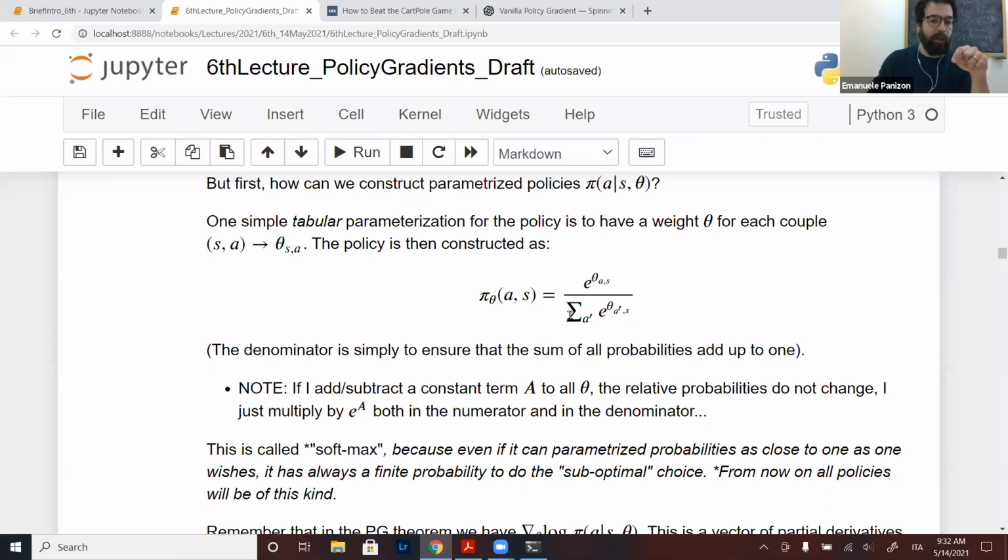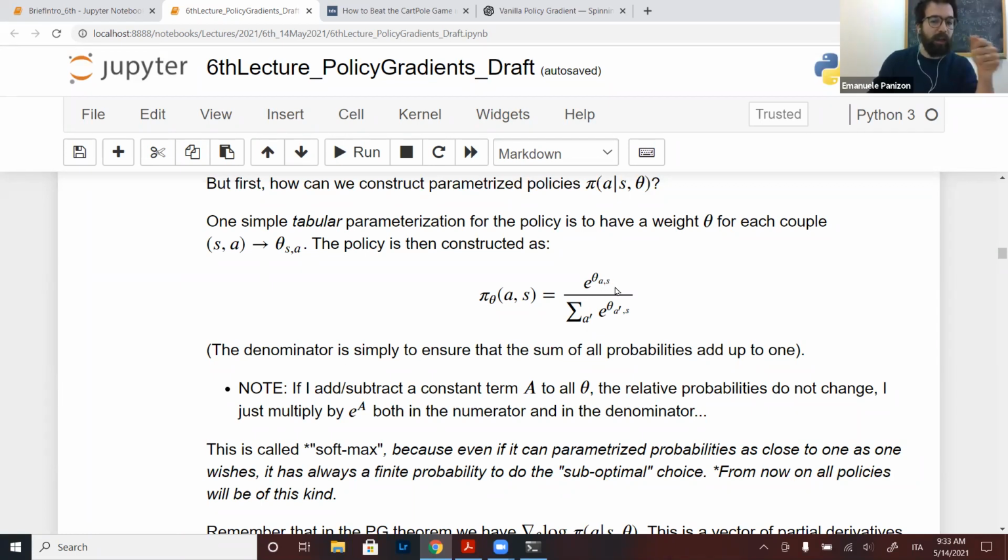And so if you see, since each probability is proportional to e to the theta, and then you divide by the sum over all actions of e to the theta, essentially the sum of all probabilities will add to 1. One thing which is helpful is that since these are exponentials, what happens if, for example, I take all weights and add a constant term to all weights?